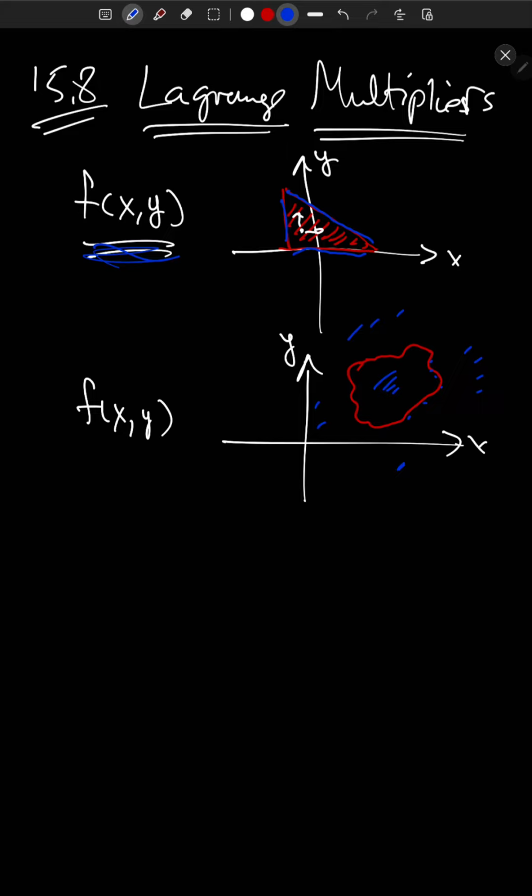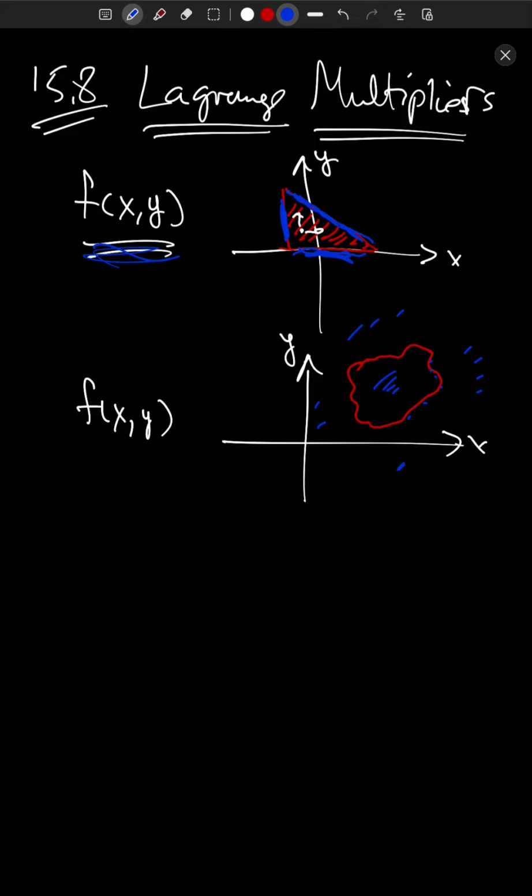So we already have one technique for doing these problems, which was parameterization. The way we solved these problems in 15.7 was to do parameterization. We parameterized this curve, we parameterized this curve, we parameterized this curve, and we did a one variable calculus optimization problem on each of those three boundary curves.